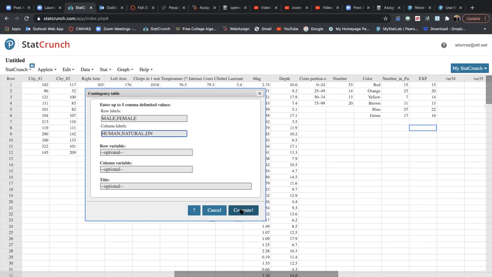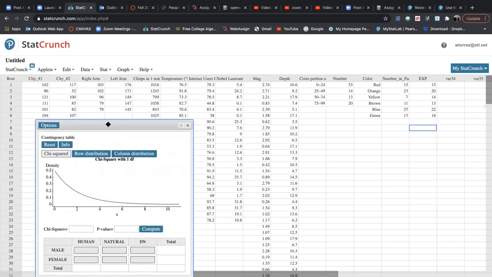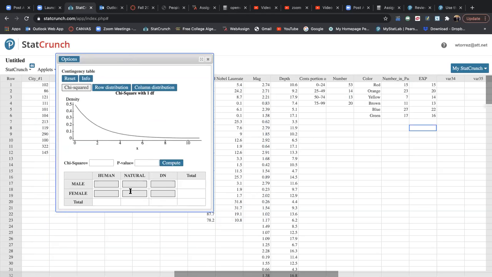All right, now let's complete the table with our given data here. So the first row, let me type in the values: 310, 137, and 62.